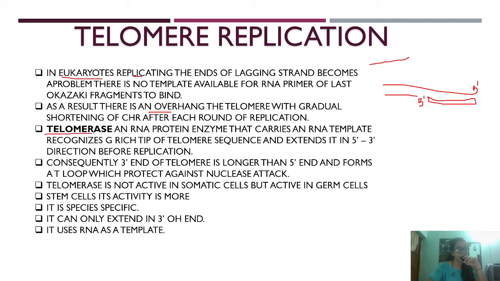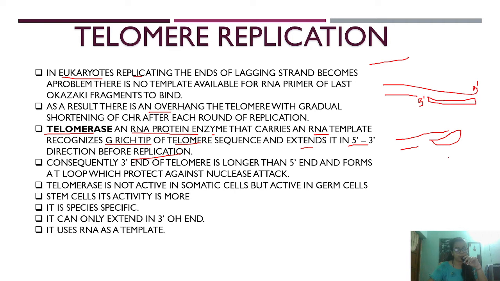The telomerase enzyme, an RNA-protein enzyme that carries an RNA template, recognizes the G-rich tip of the telomere sequence and extends it in the 5' to 3' direction before the replication. Here you can see this part is lagging, this part is empty. The telomerase enzyme will come and bind here and help in the replication.